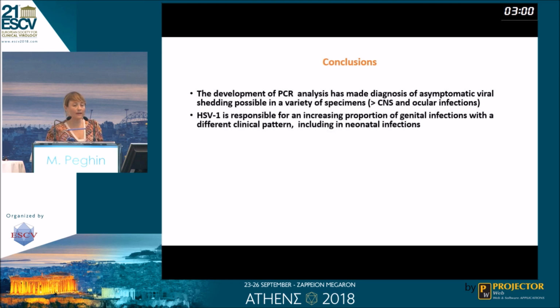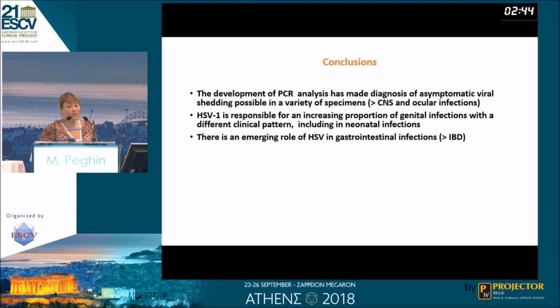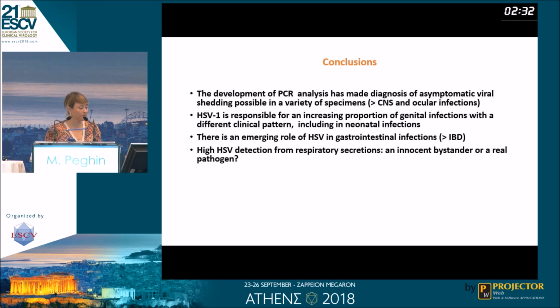Although genital herpes has always been related to herpes 2, herpes 1 is responsible for an increasing proportion of genital infections with a different clinical pattern, including neonatal infections. There is an emerging role of herpes infection in IBD that we have to know about, because these patients are always at risk nowadays with the new biologic treatments.